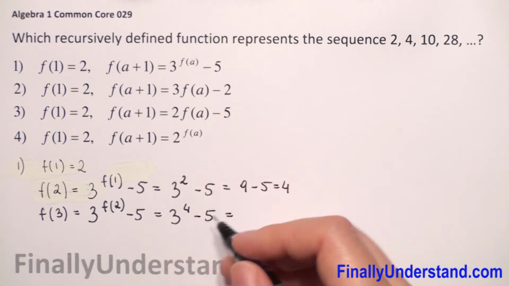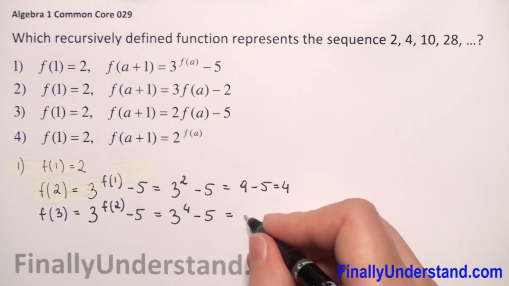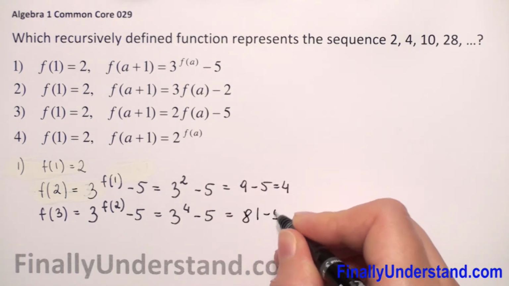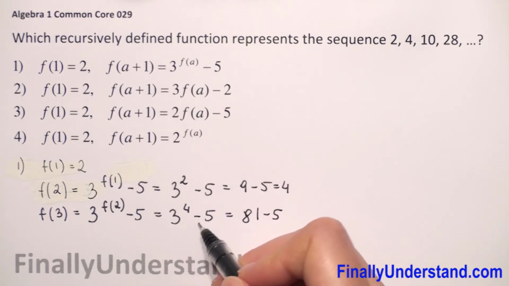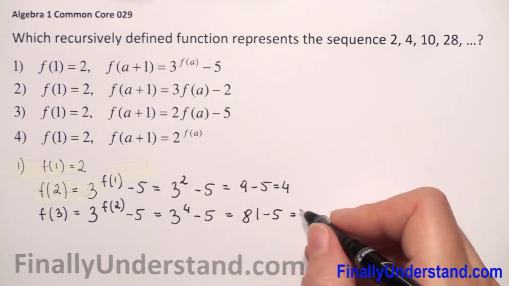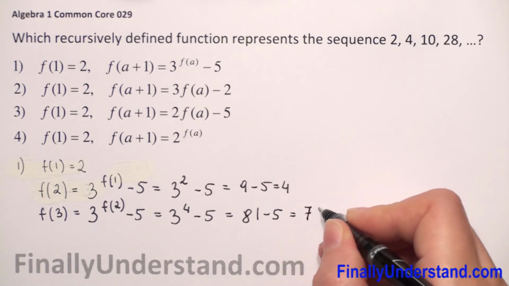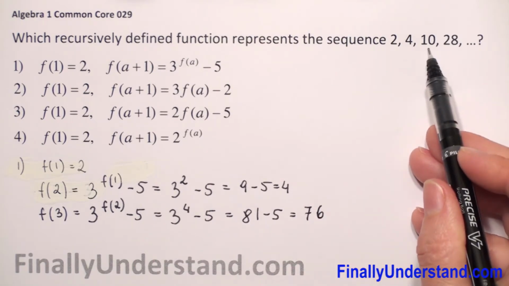So this is equal to 3 to the 4th power, which is 81, minus 5. Always first we do the power and next the subtraction. So this is 81 minus 5, which is 76.